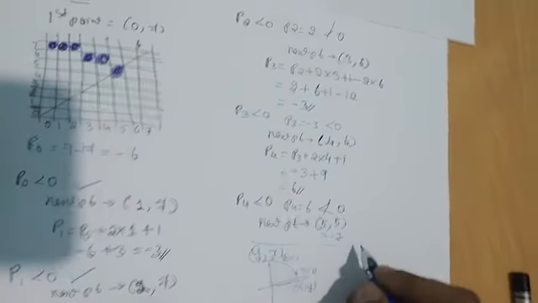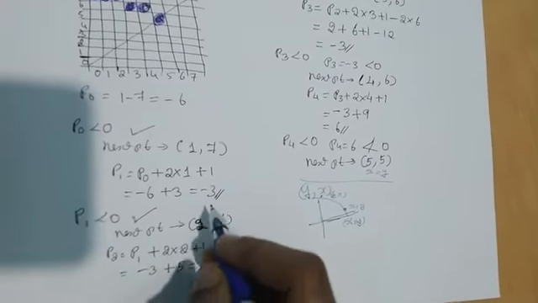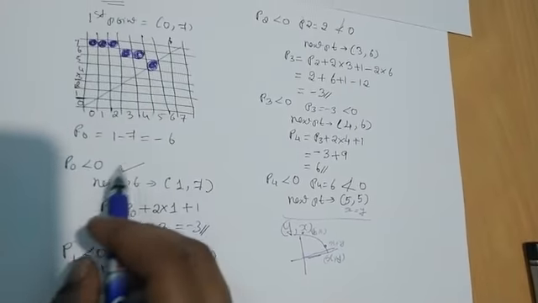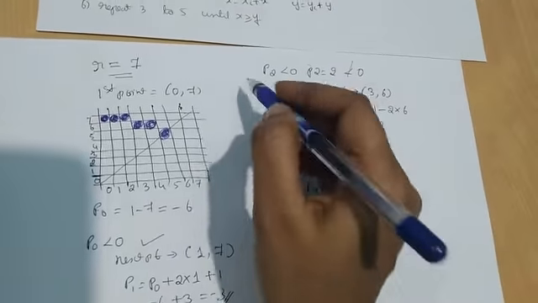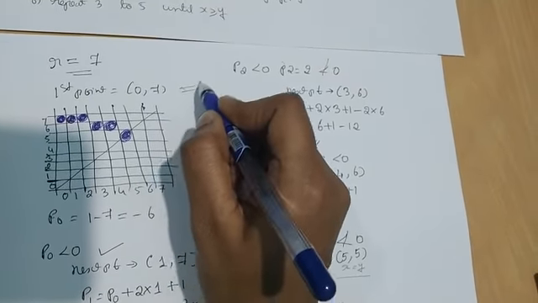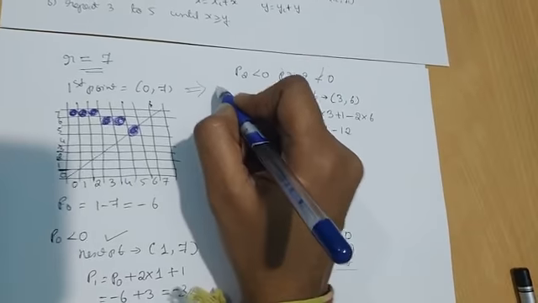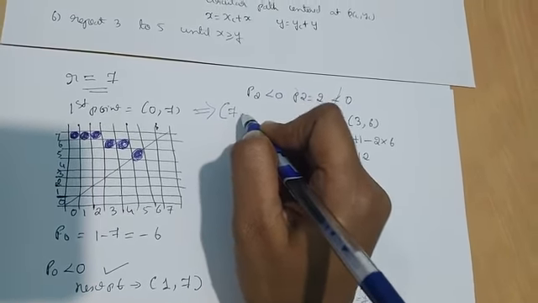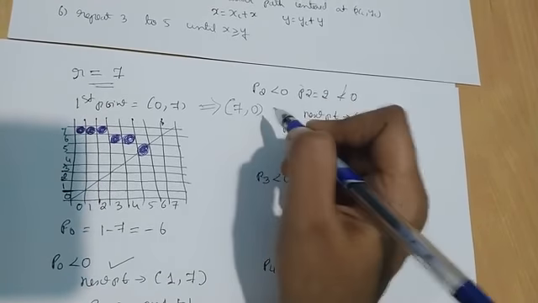So what are the points taken? First one plotted was 0, 7. You need to represent it separately in the answer. I'll write it here only. So in the below octant, you are supposed to highlight 7, 0.